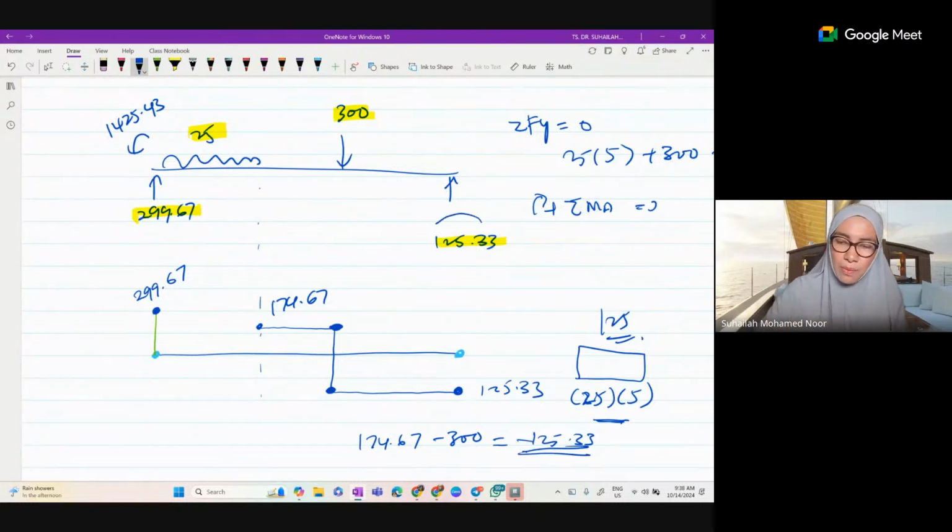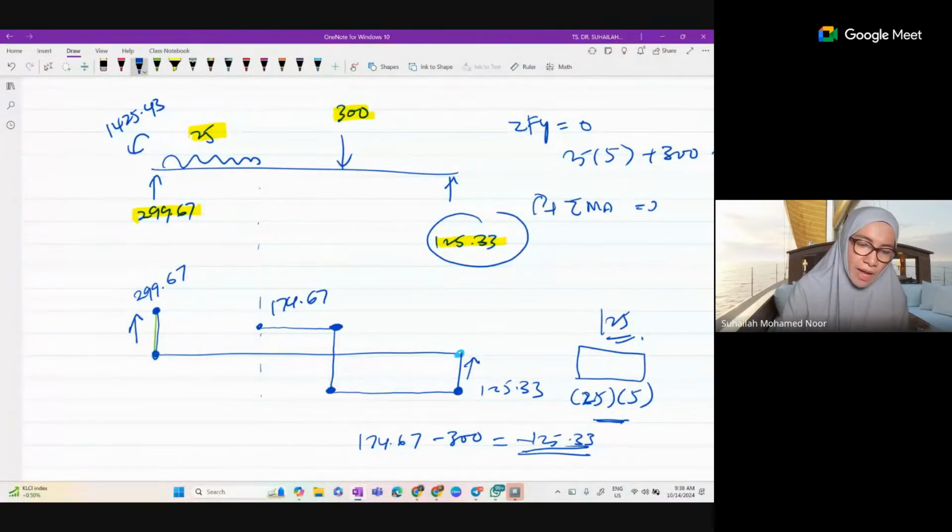And now we plus back with the naik arrow, dia naik atas kan. Sebab sini positif, arrow dia ke atas. So tadi kita draw ni, sama tak kita follow the arrow. Okay, kita start from 0, arrow ni ke atas, so kita bawa dia ke atas. That's why point dia ke atas 299.67. And then we minus by 125, kita dapat this point, 174.67.